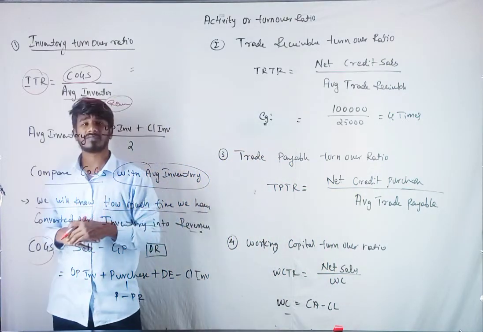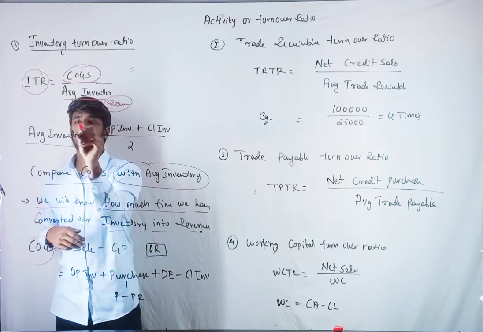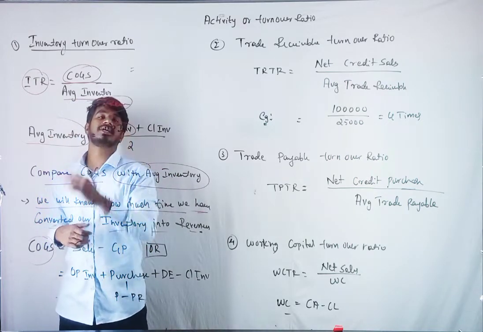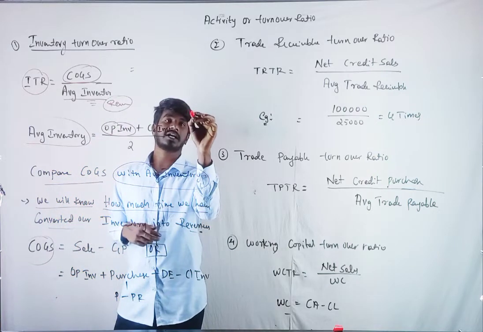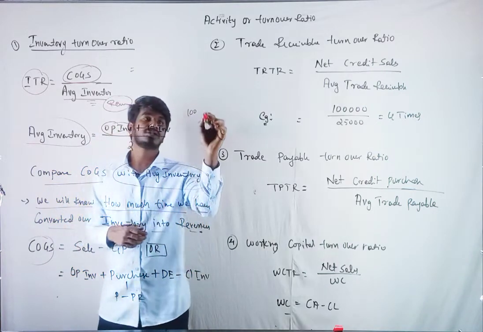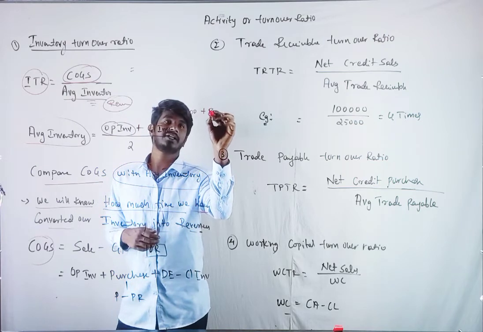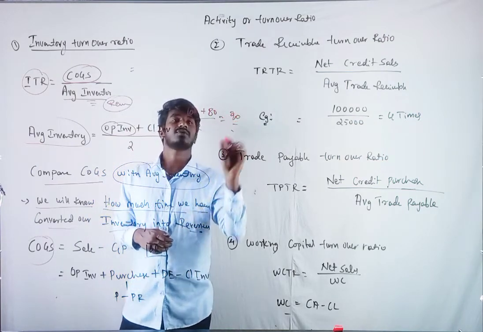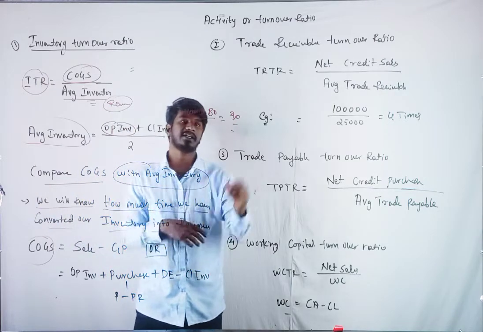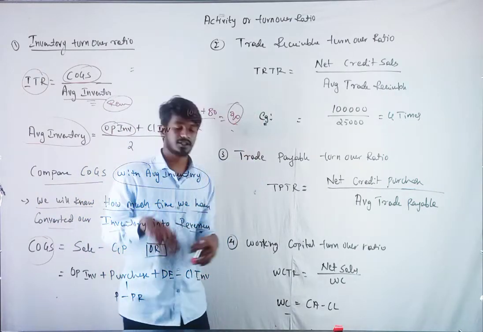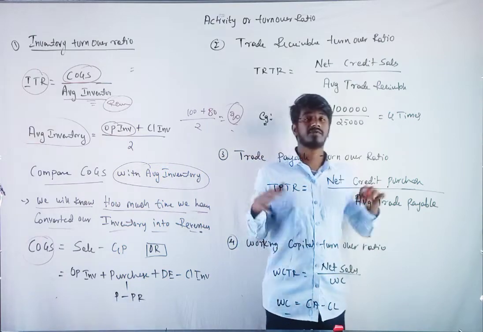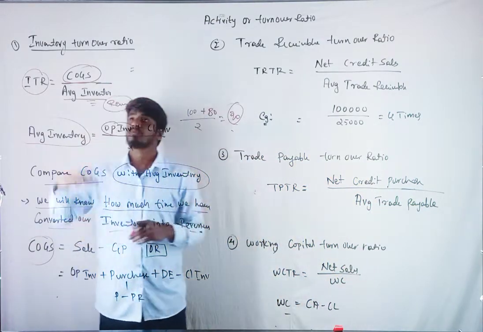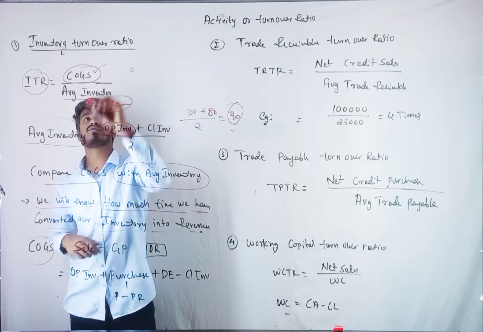Average inventory is opening inventory plus closing inventory divided by 2. Opening inventory, let's say 100 rupees, and closing inventory 80, so 180 divided by 2 is 90. On an average, 90 inventory we will keep in the godown. That's the meaning.